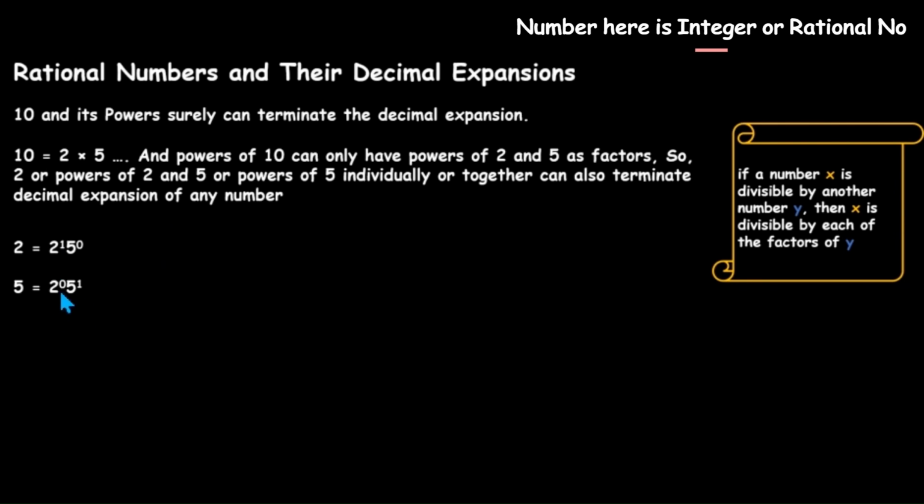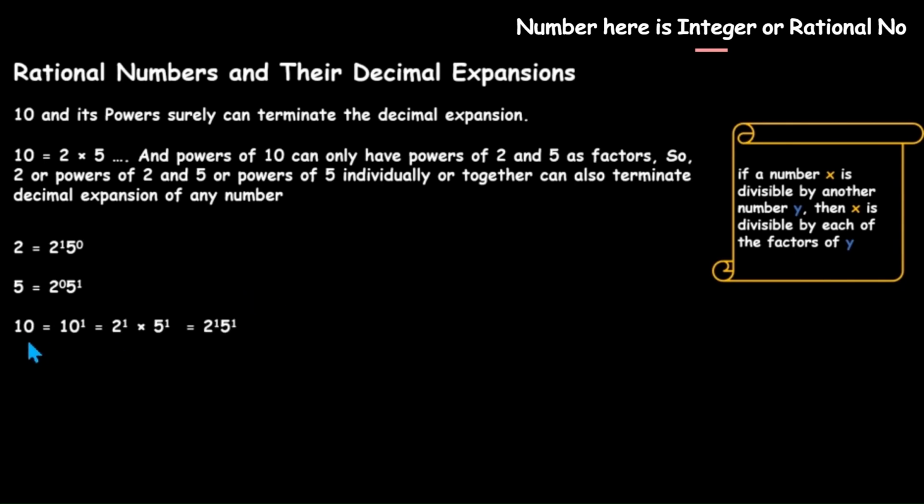So it can be written as 2 power 0 and 5 power 1. 2 power 0 is 1 and 5 power 1 is 5. So 1 into 5 is 5. Note that not only 2, but also powers of 2, and not only 5, but also powers of 5 can terminate the decimal expansion of any number.